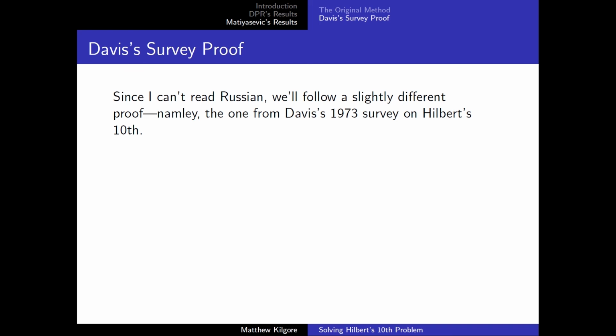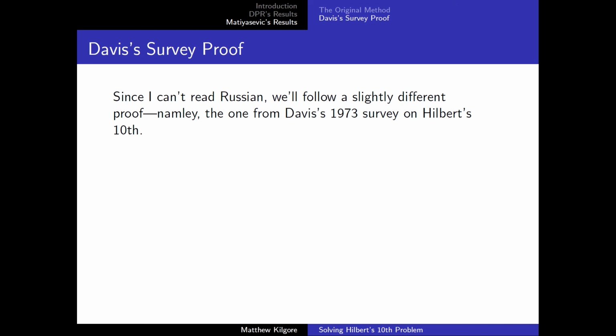Unfortunately, I don't speak Russian. Matiyasevich, of course, published all of his work in Russian. Due to this language barrier, we're going to follow a different proof. This one was written by Davis in the 1973 survey on Hilbert's 10th.